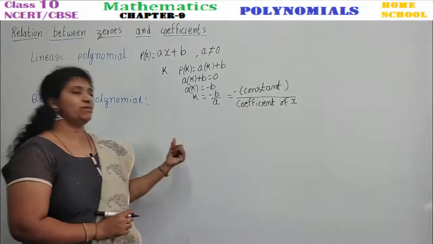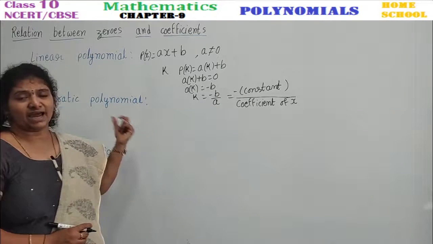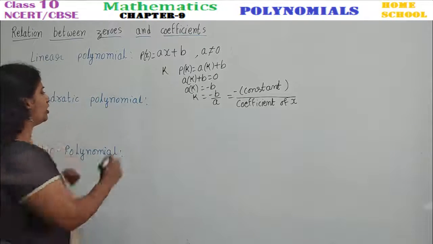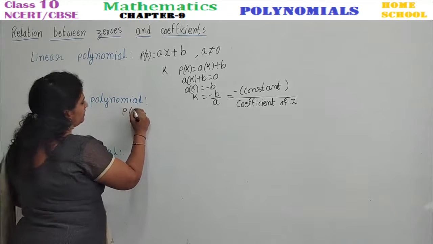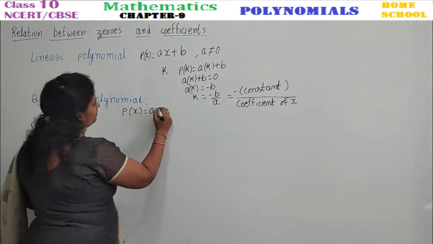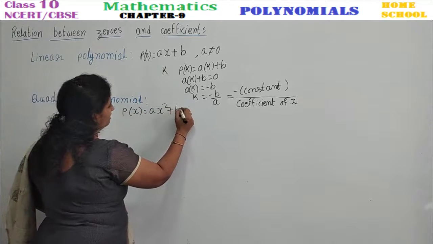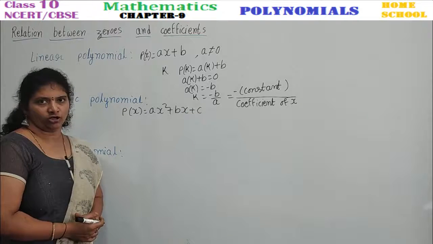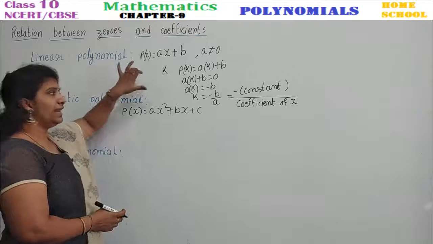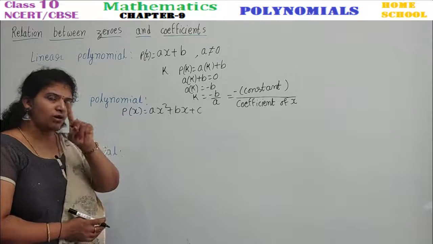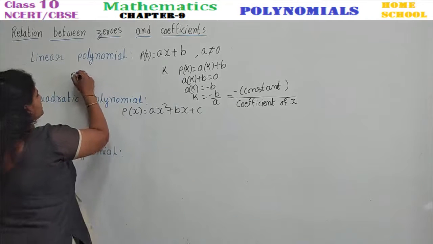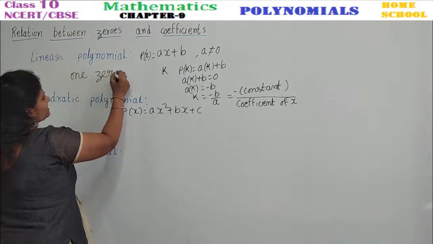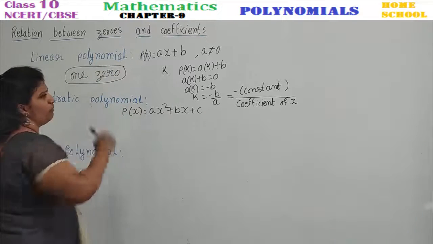Similarly, let's see the standard form of a quadratic polynomial. P of x is equal to ax square plus bx plus c. We know this is a quadratic polynomial. Here, in a linear polynomial, there will be only one 0. Just highlight here, 1 0 will be there in a linear polynomial.